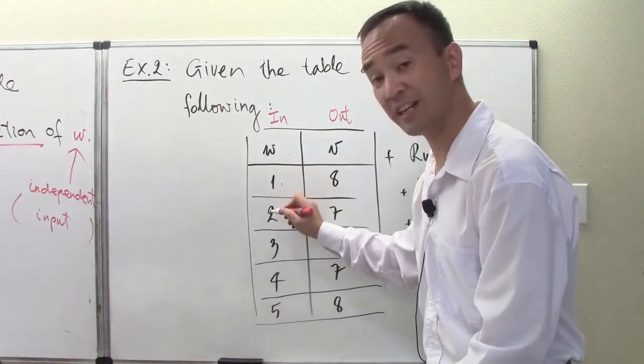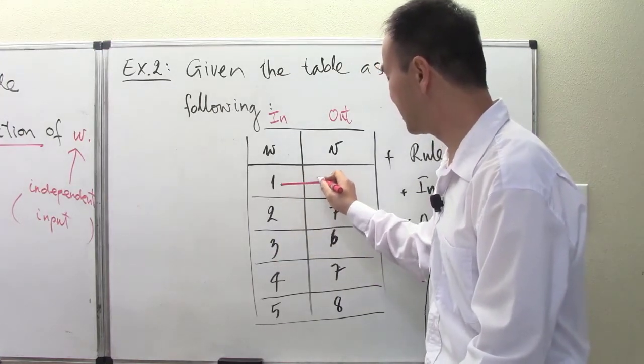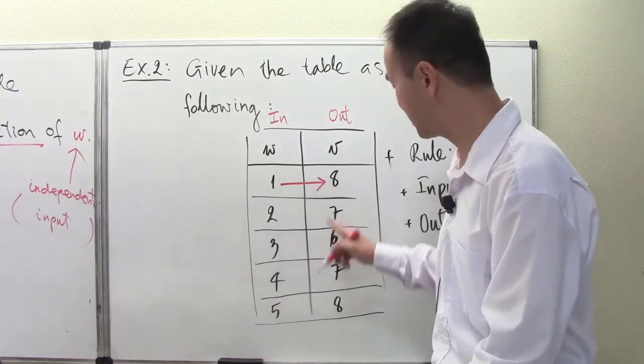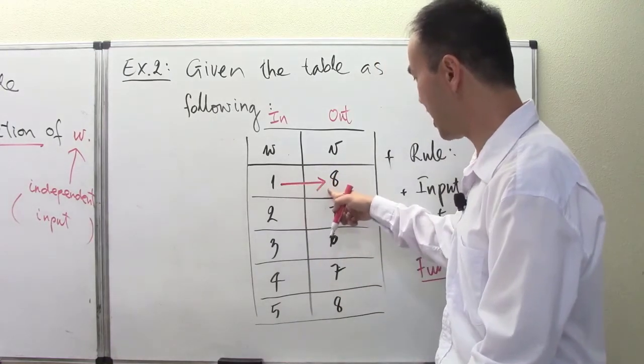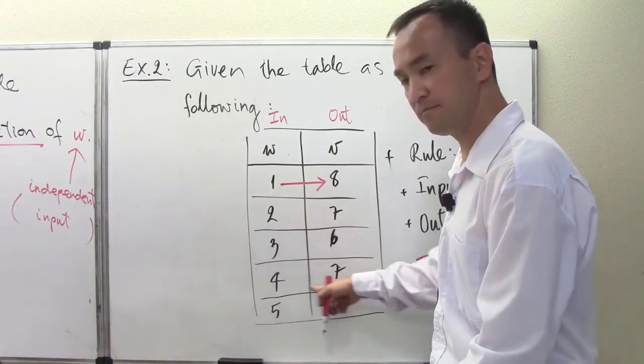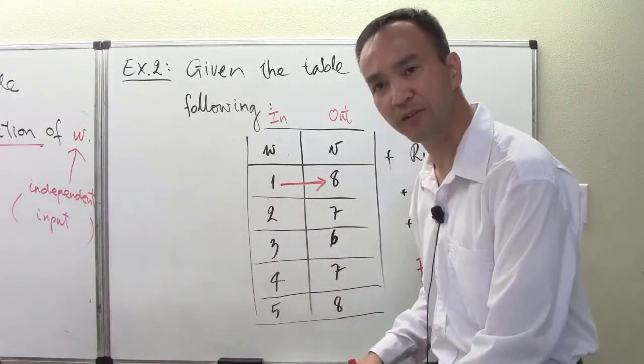That's the part we have to check. This input, is it taken into exactly one and only one output? Well, 1 goes to 8. That's why I'm drawing this arrow. Does 1 go anywhere else? Nope.